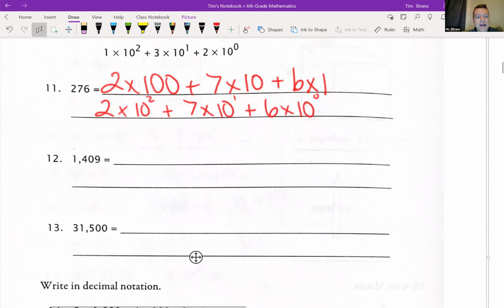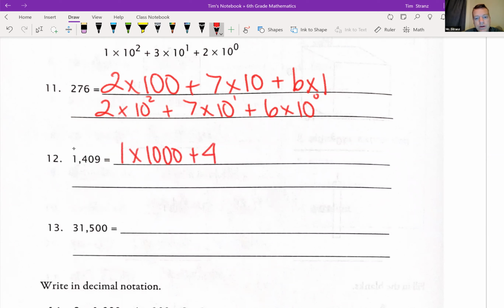Okay, next one, we got 1,409. So we're going to have 1 times 1,000, plus 4 times 100, plus 9 times 10. Okay, you don't have to put the 0 in there because it represents the tens place, but there's no number that you need to write in there.